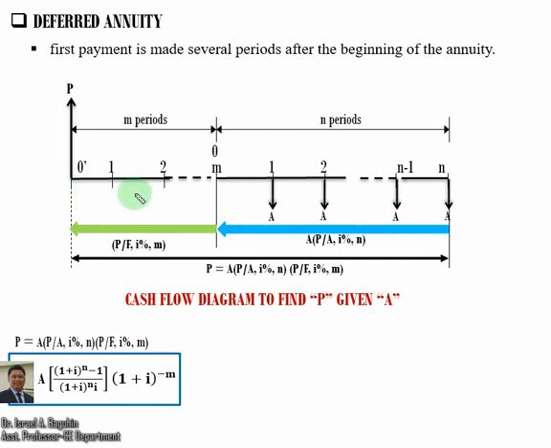Then the borrower started to pay the annuity or amortization during the N periods, as you can see in the right side of the figure. From the first year, second year, until the end year, the borrower paid the annuity or amortization. So it involves two periods because of the deferment of the payment of the annuity.